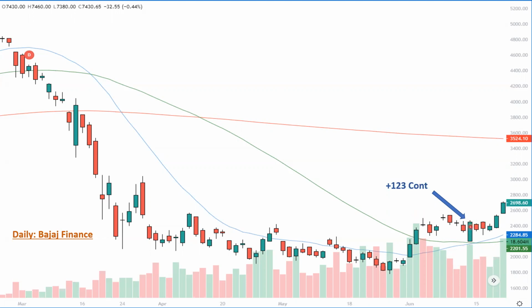So on this day, if you can see, at the open the prices gap down and open somewhere here. But then eventually during the day, the buyers stepped up and took the prices all the way up, and the prices closed at its high.